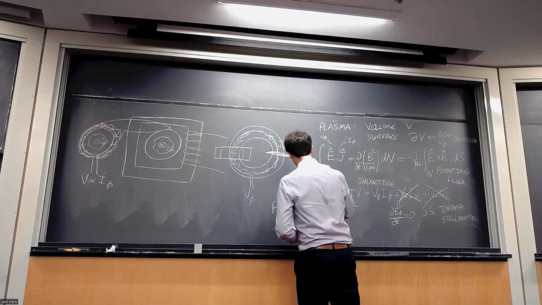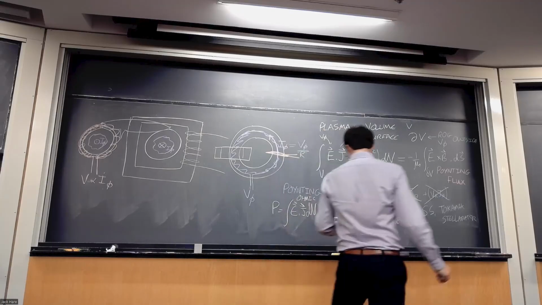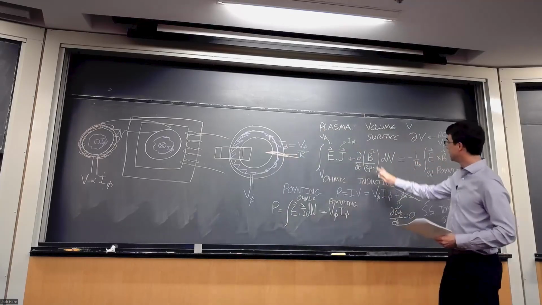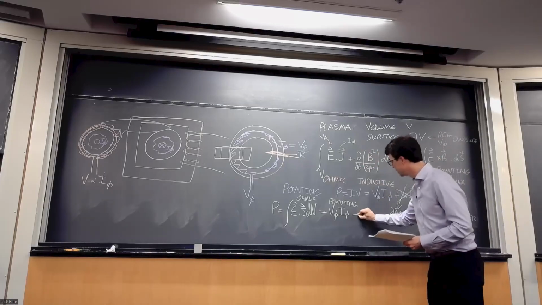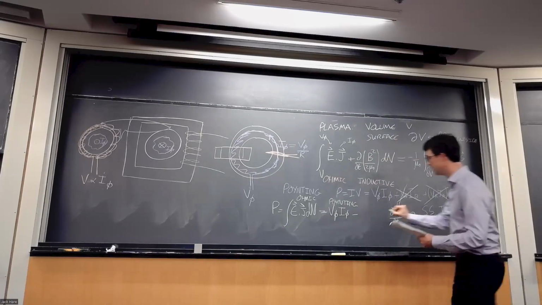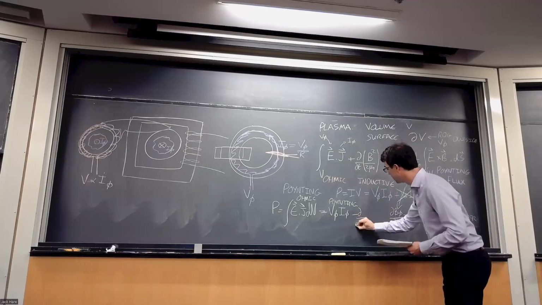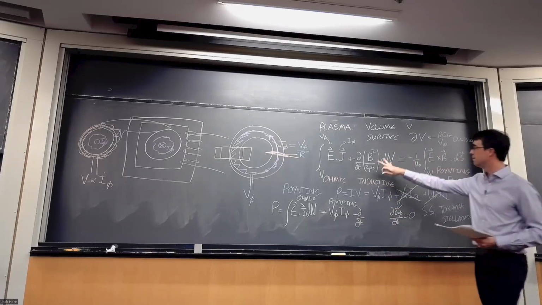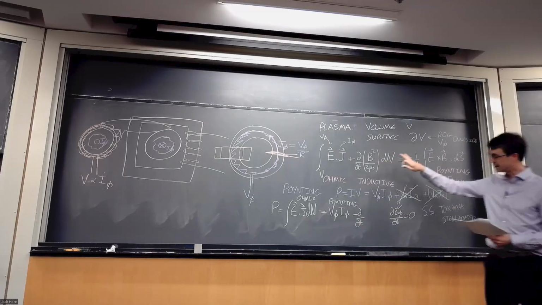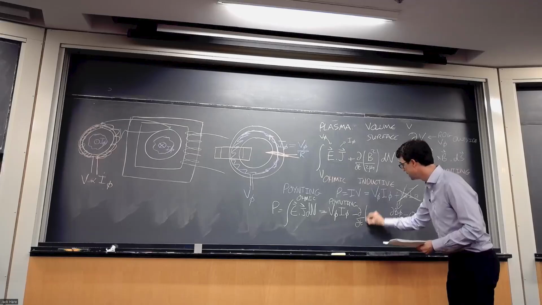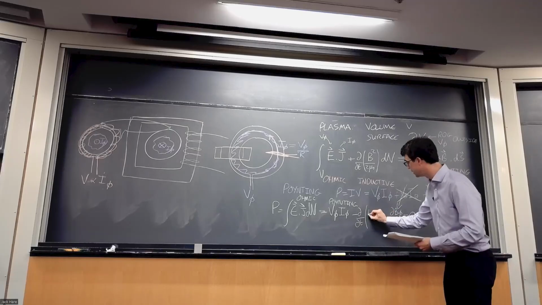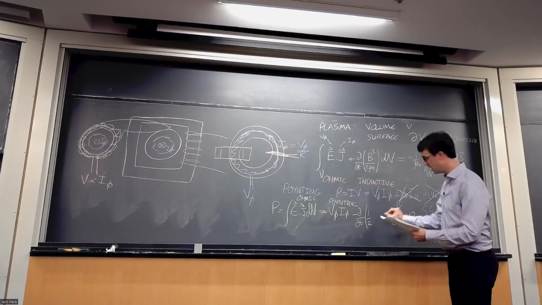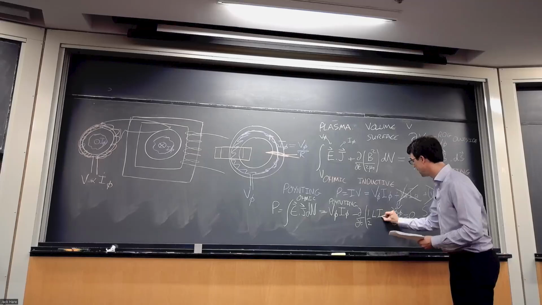I'll just label that ohmic as well. And then I'm going to take this inductive term to the other side, so I'm going to put it as a minus sign here. And I'm going to write it as a partial derivative, not of the integral of the magnetic energy density over the volume, but in terms, again, of circuit quantity. So this is a half L I phi squared, like that.